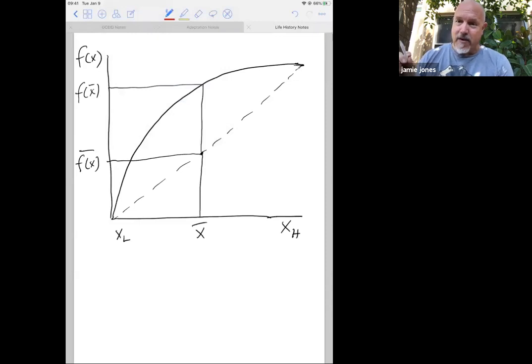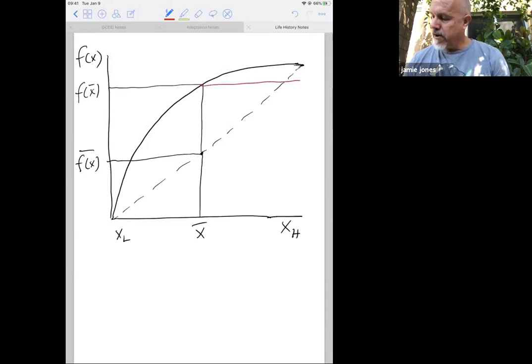So let's think about what this gamble looks like. If we're at the fitness of the mean, and we take a gamble that has a 50-50 chance of going up to x_h or down to x_l, this is how much we'd go up, and that's how much we'd go down.